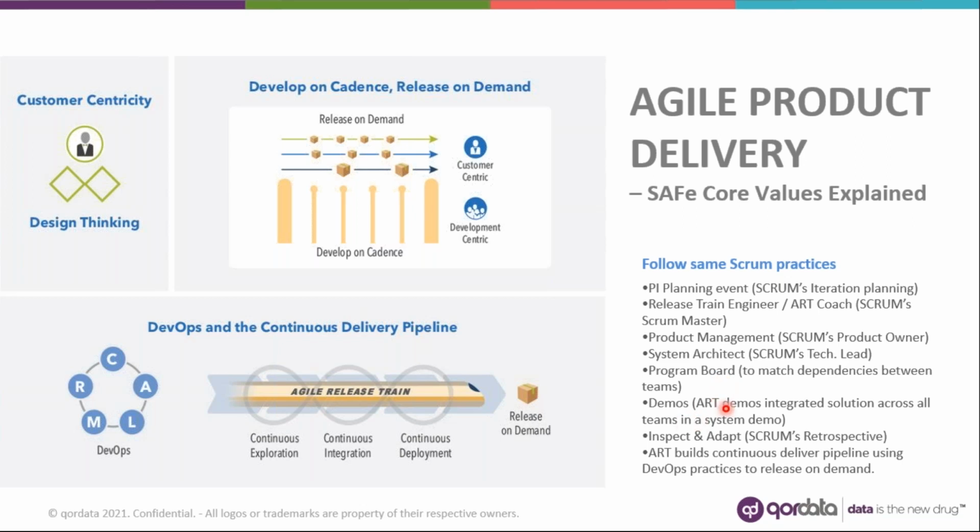Demos are integrated solutions across teams in a system demo, and inspect and adapt, which is called I&A, is basically equivalent to Scrum's retrospective. And ART builds a continuous delivery pipeline using DevOps practices. So DevOps is very much aligned in terms of agile release train, because without DevOps, without a continuous delivery pipeline, it's not possible to deliver value in a quick fashion.